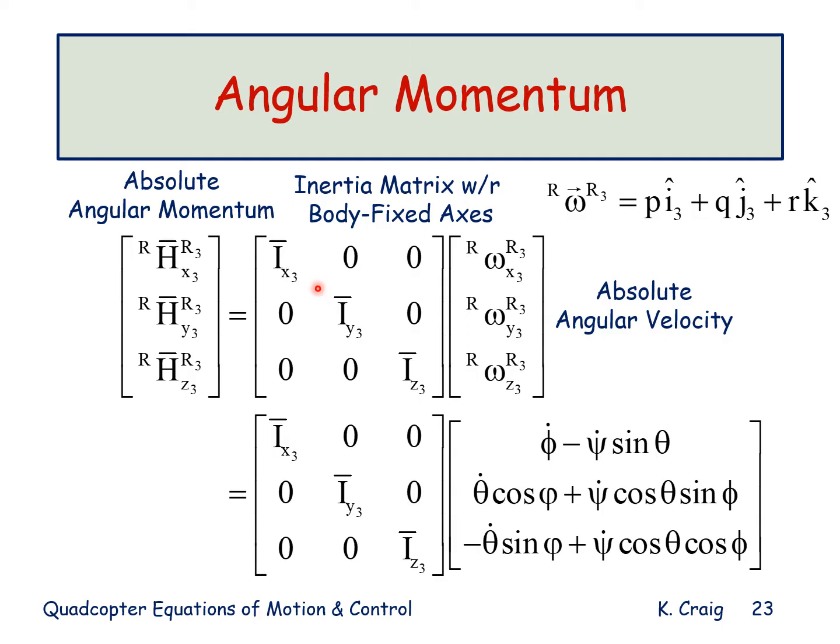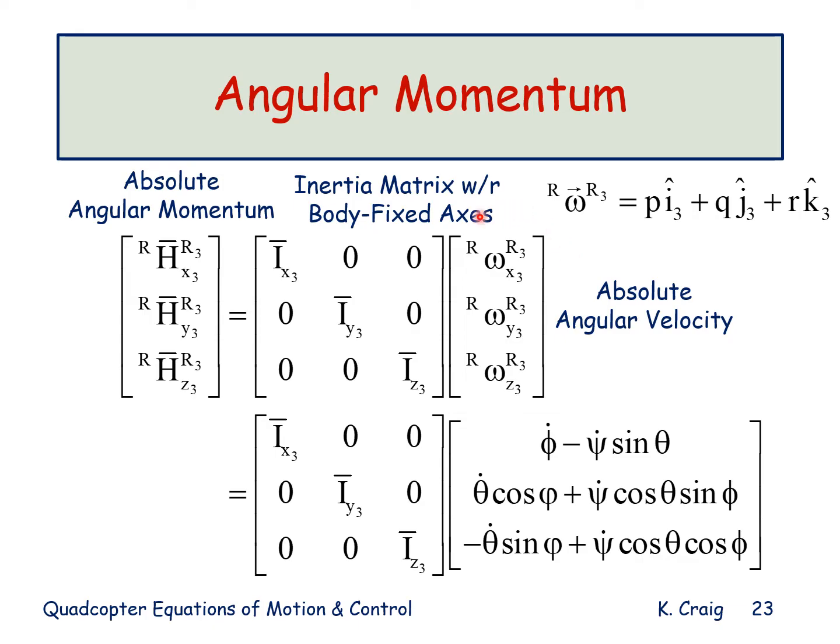And this matrix is multiplied then by the absolute angular velocity components of the quadcopter. So these are the components of the angular velocity in the R reference frame. And these are the components in the body fixed axes, x3, y3, z3. And these are the angular velocity components of the quadcopter, the R3 reference frame.